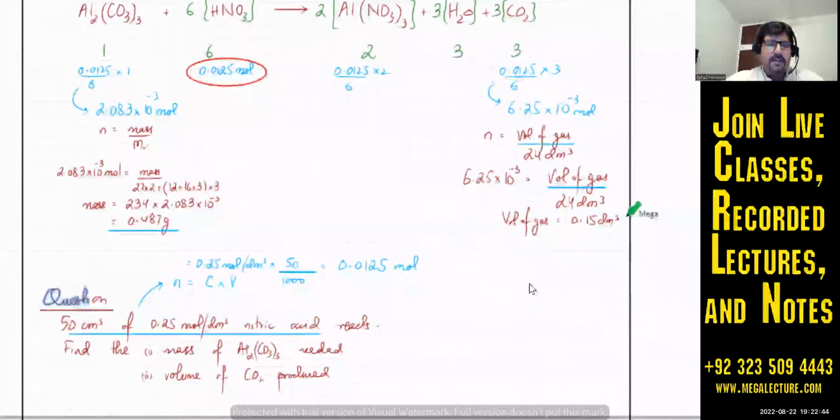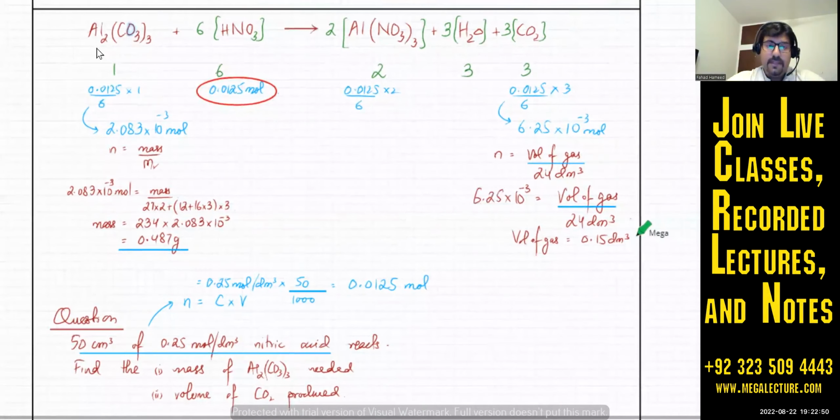So is this clear? Take a strategy here. You're given a question, you're given an equation. That's your recipe. Based on the data that's given to you, try and find out the moles of anything in the equation. Whatever data is given, just figure out the moles of that particular thing. Once you've found those moles, using ratios you can figure out the moles of the rest of the substances.